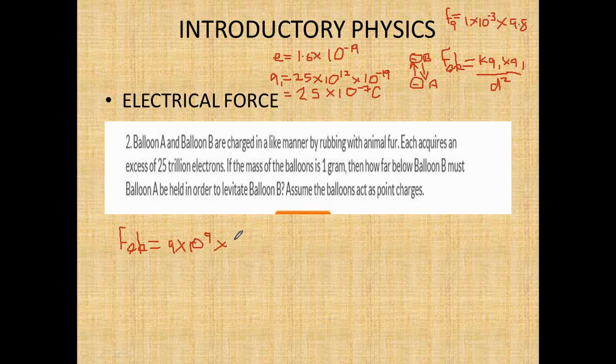Each balloon has the same charge, so 25 times 10 to the minus 7 times 25 times 10 to the minus 7.